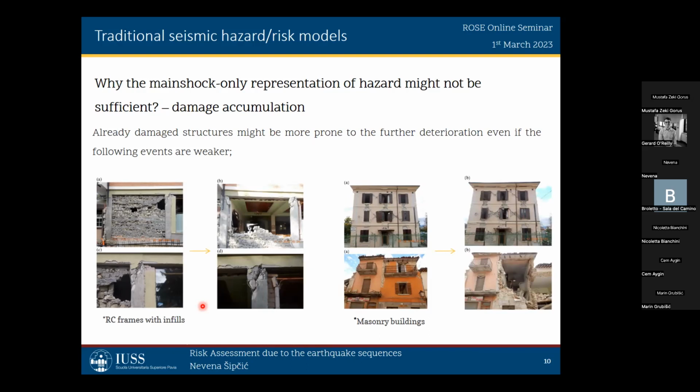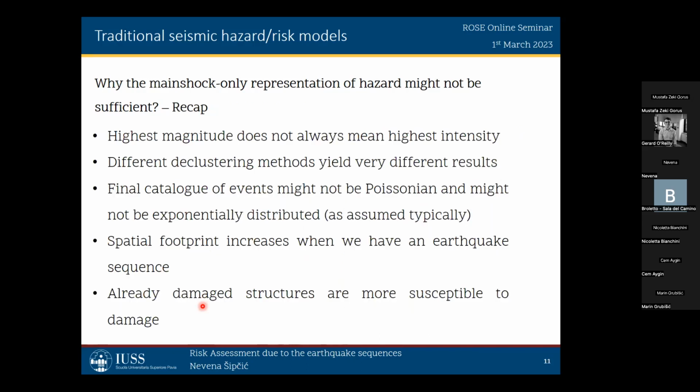So to recap, the reason why the main shock only representation might not be sufficient is because the highest magnitude does not necessarily mean the highest intensity, because different declustering methods can yield very different results, and this is a subjective procedure.